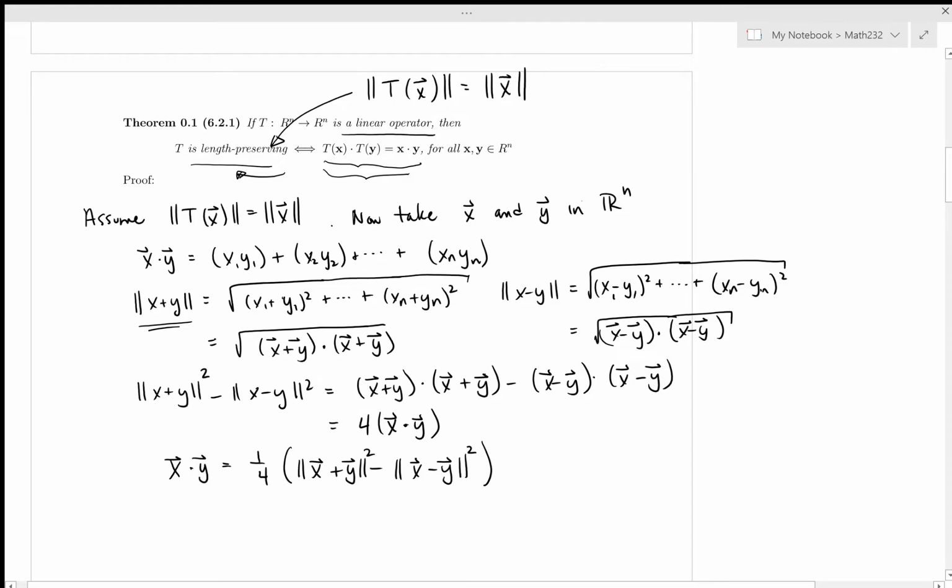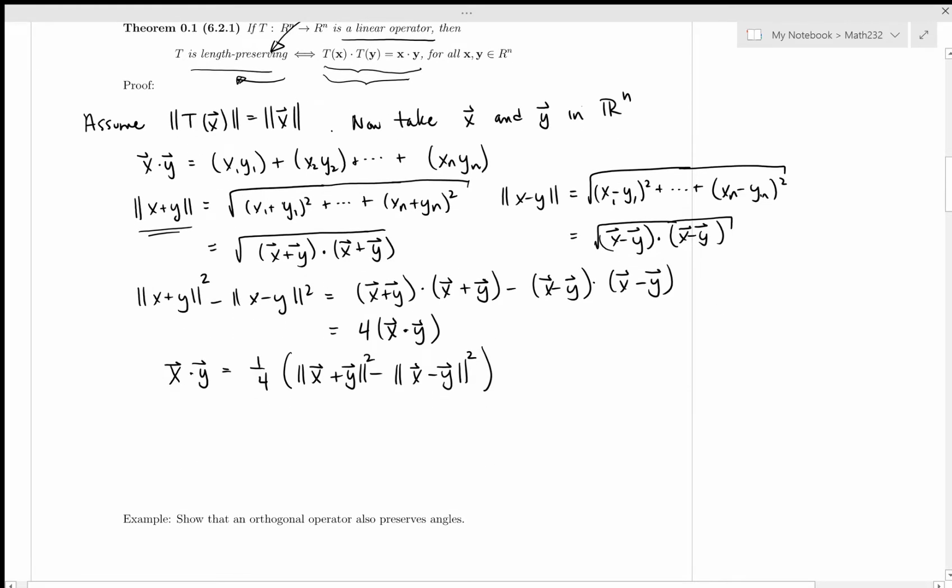Okay, I'm going to use that. Now, next, let's take a look at the transform of x dot the transform of y.